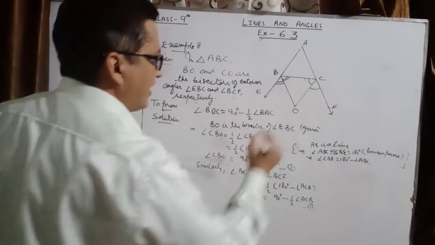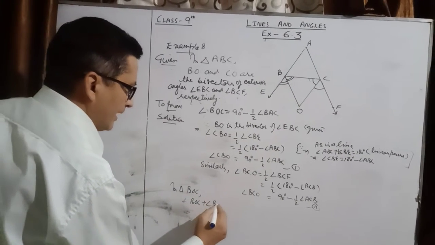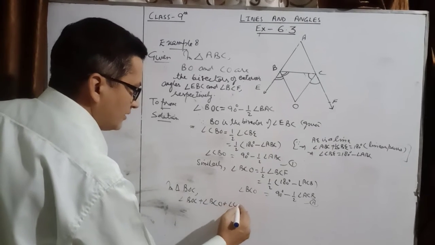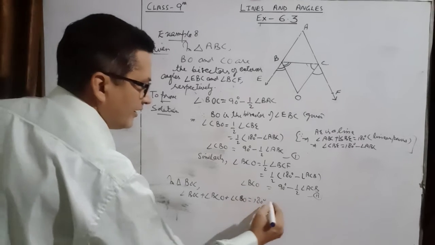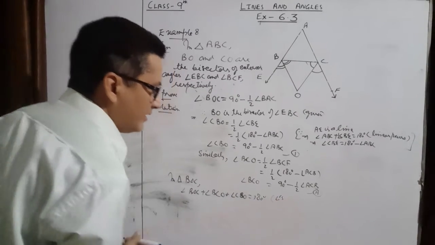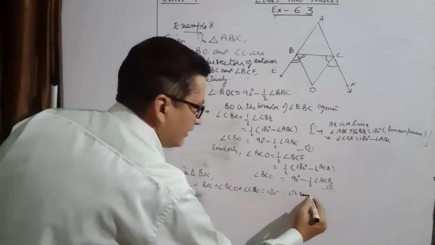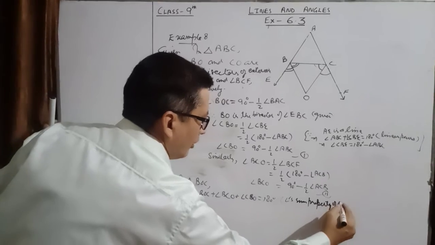We know that the sum of three angles is 180. Angle BOC plus angle BCO plus angle CBO is equal to 180. Reason, angles sum property of triangle.